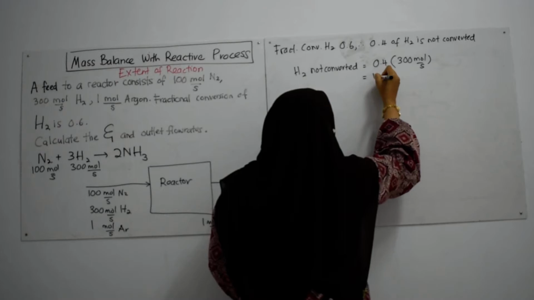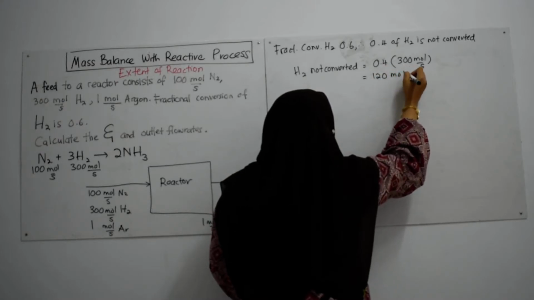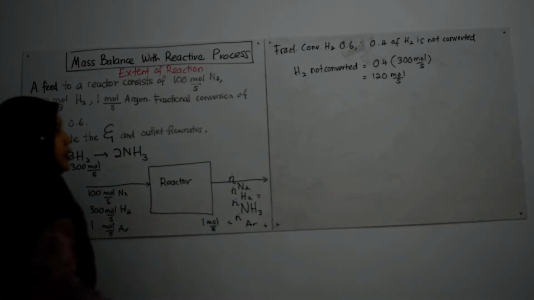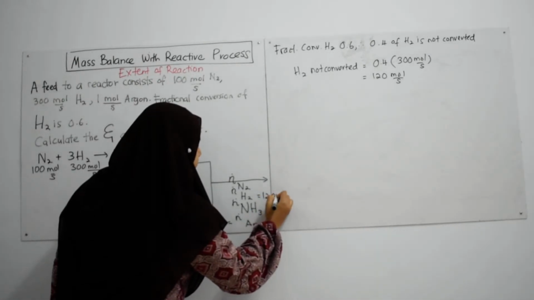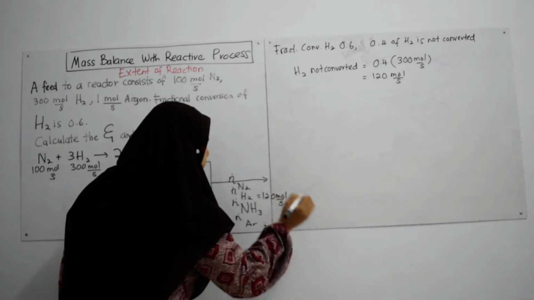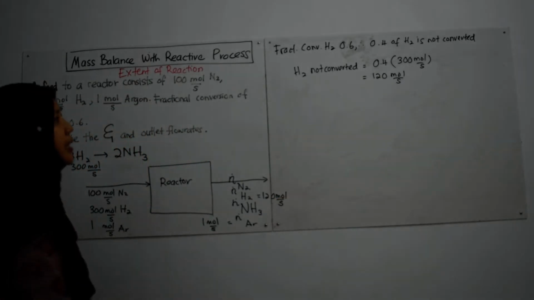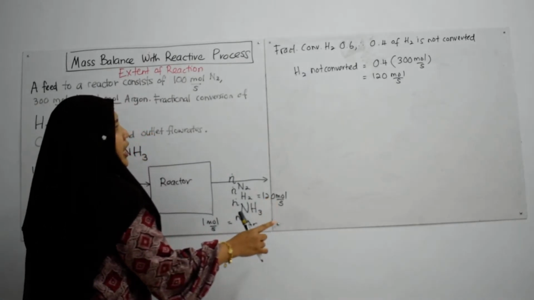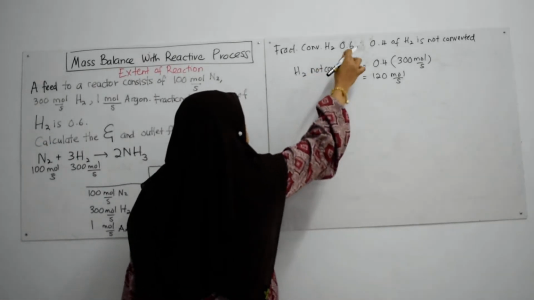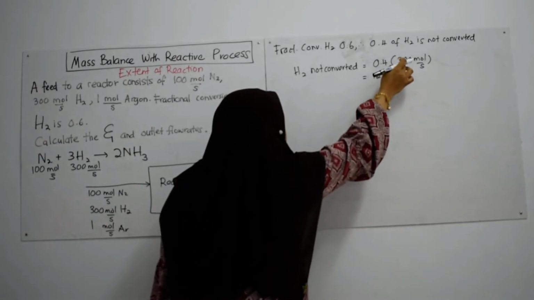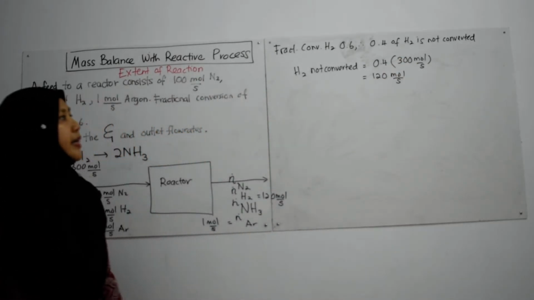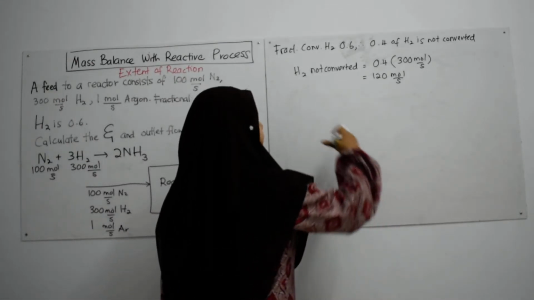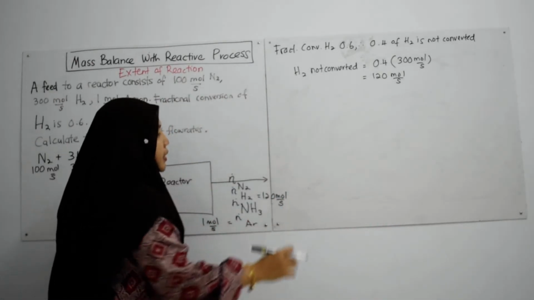So you have 120 mole per second not being converted, because it's not being used, so it will come out through the process. How much is being used? 0.6 of 300 is 180 mole. So 180 mole is being used for this process.